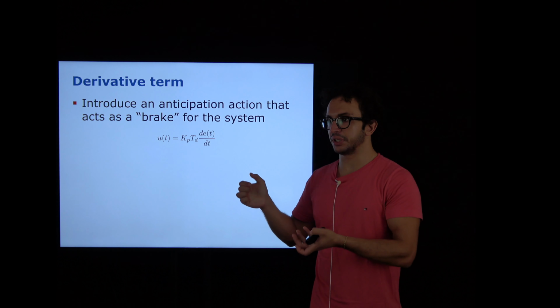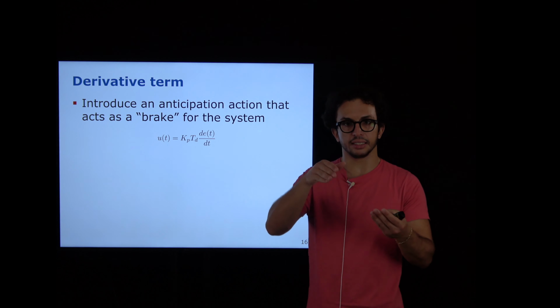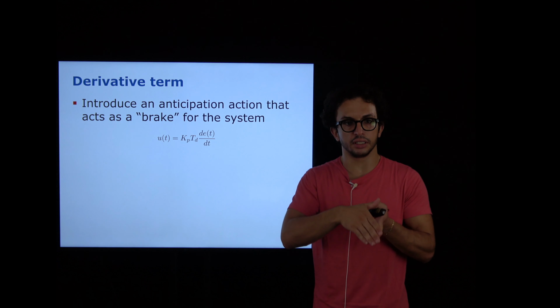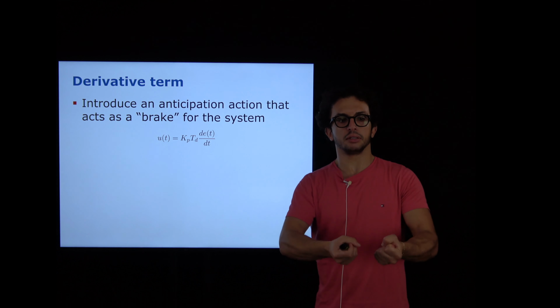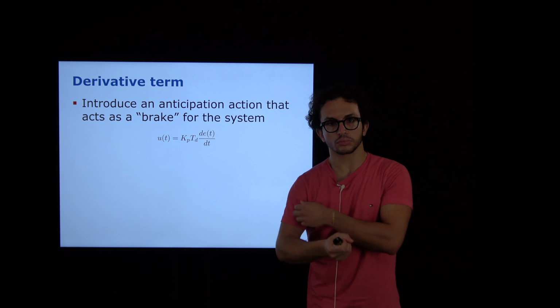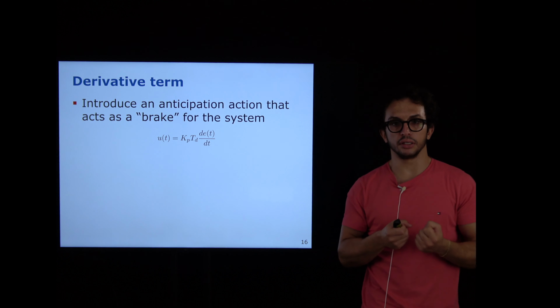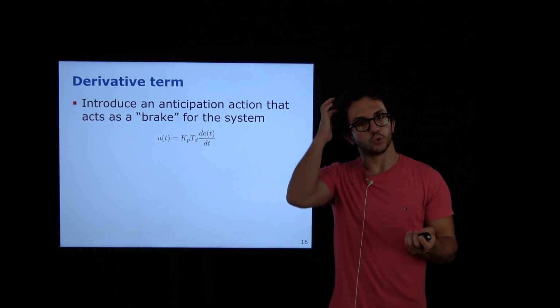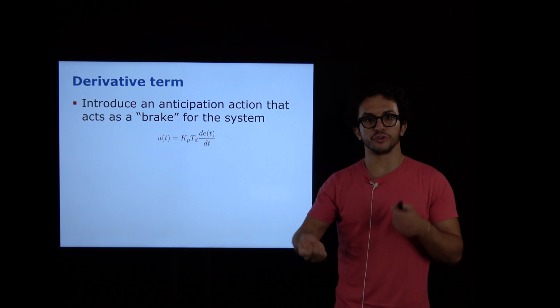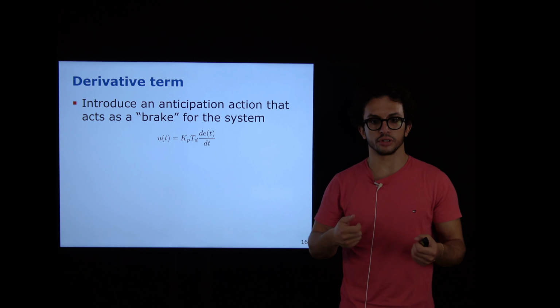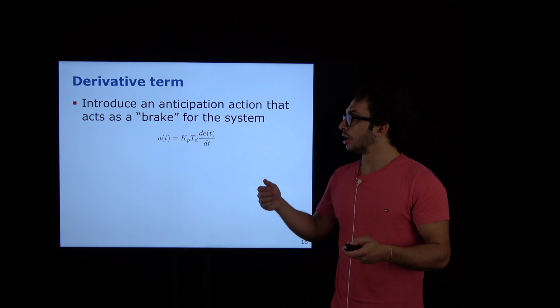So if it sees that the evolution is going to be quite steep, it might brake the system in order to not have issues, for example, with overusing the actuators and stuff like that.